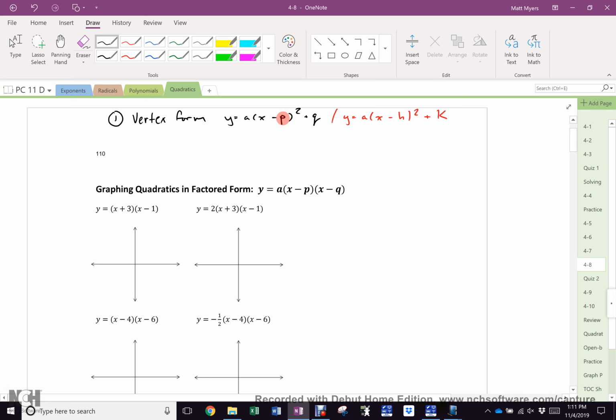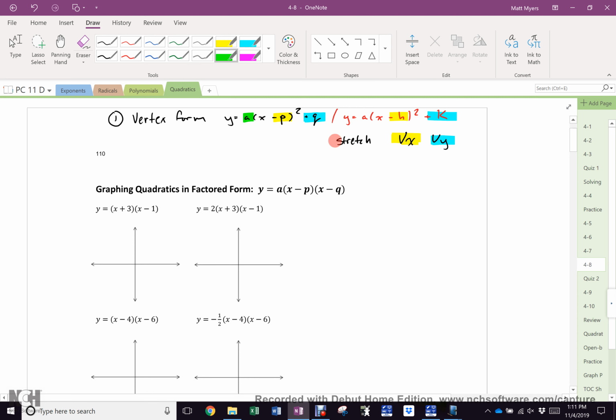That is your vertex X, and that is your vertex Y, and that is your stretch.